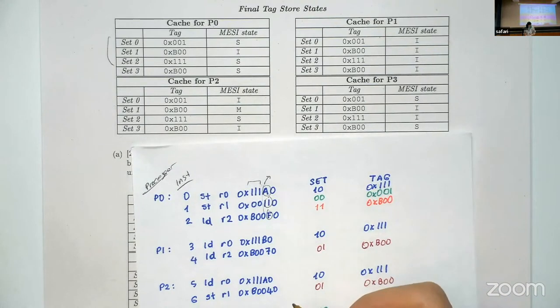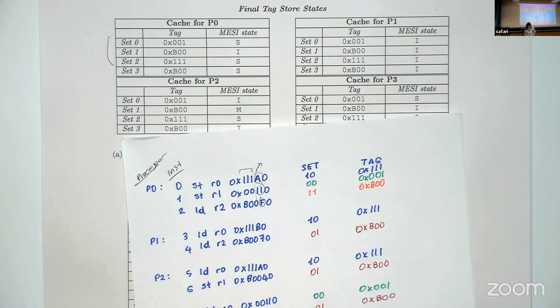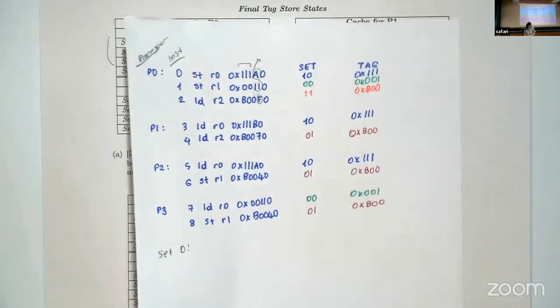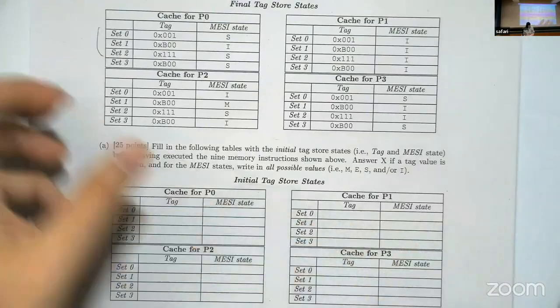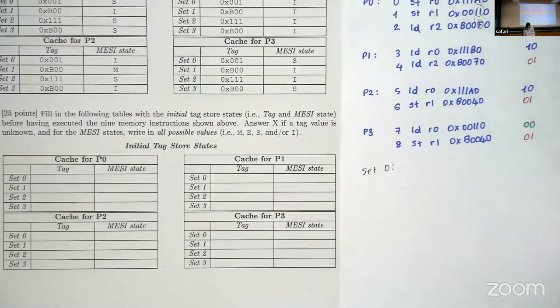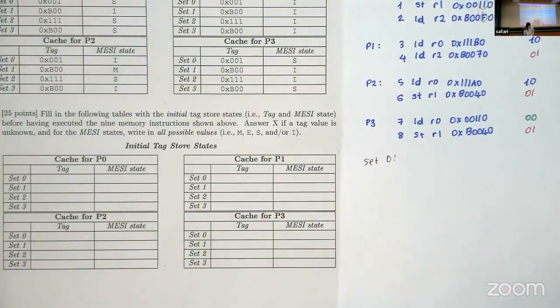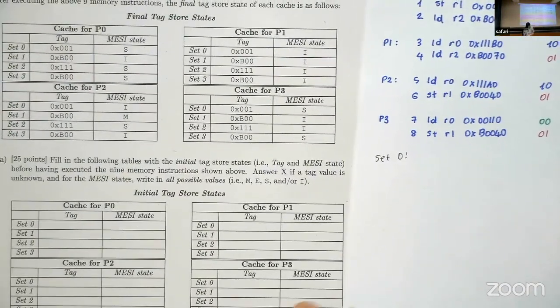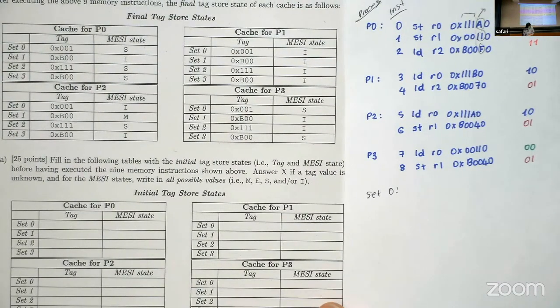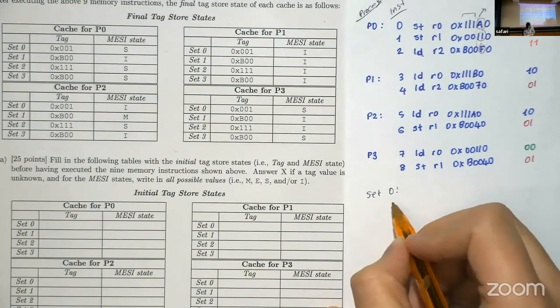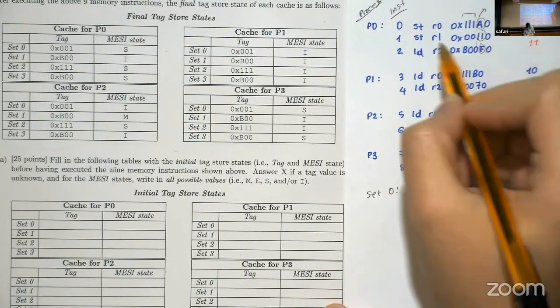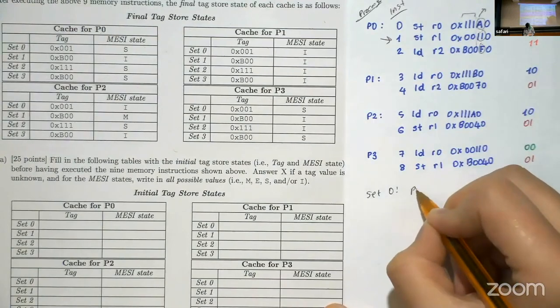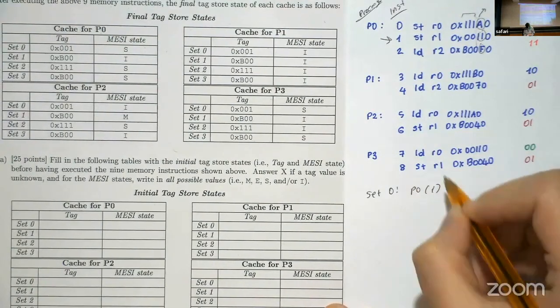For set 0, let's see which instructions we have. Maybe I can reorder these a bit. For set 0, what we have is this instruction here for processor 0, which is instruction 1.